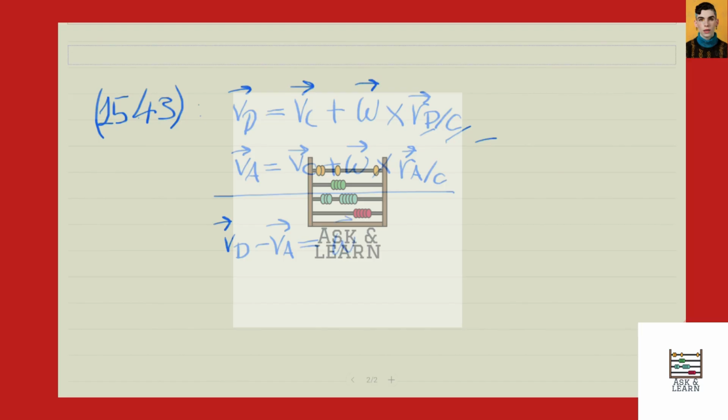And this expression here, if we use the linearity property of the cross product, we can write as this vector difference, for which, if we use the definition of these relative position vectors, it can be simplified.